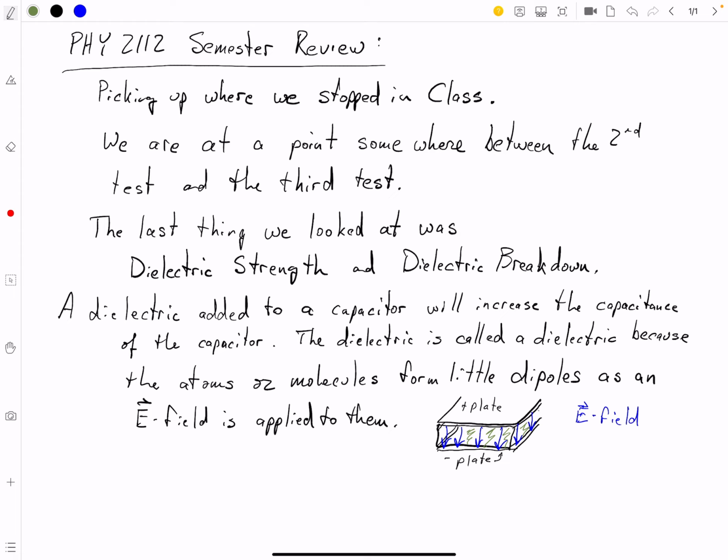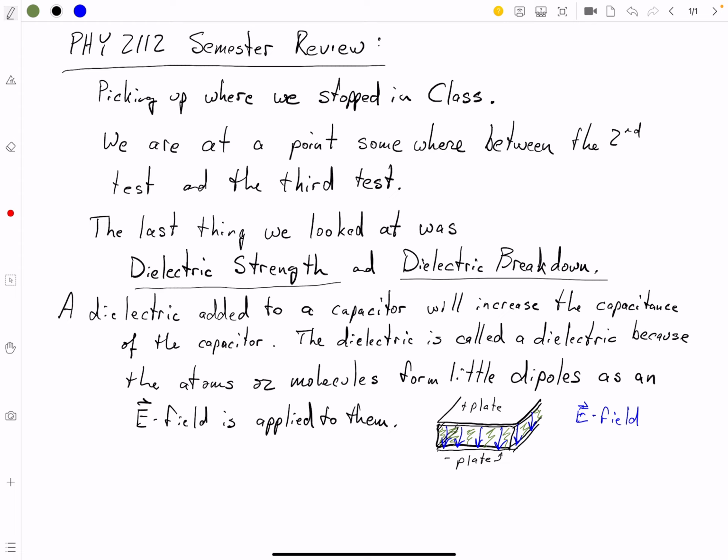This green dielectric can handle a certain amount of E field, but after a point, it will break down.